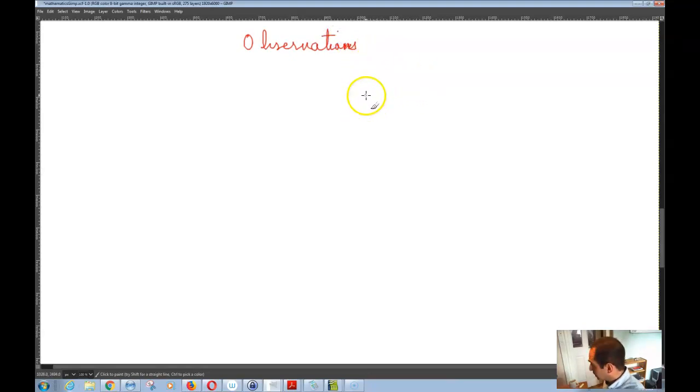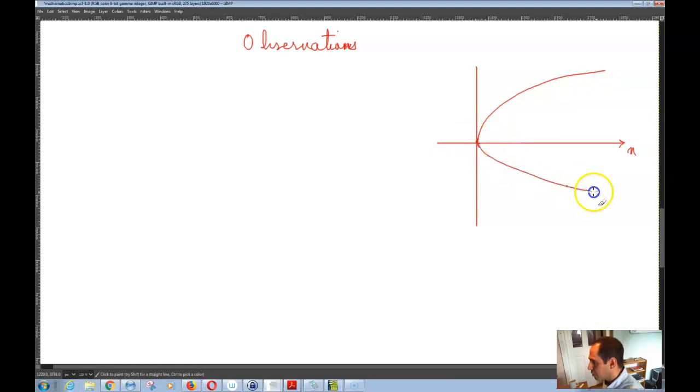Basically, the parabola is symmetric with respect to the axis of the parabola. If you have a parabola over here, and let's say the x-axis is the axis of the parabola, then your parabola is going to be symmetric with respect to the axis.